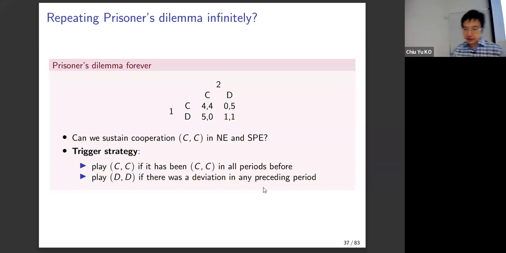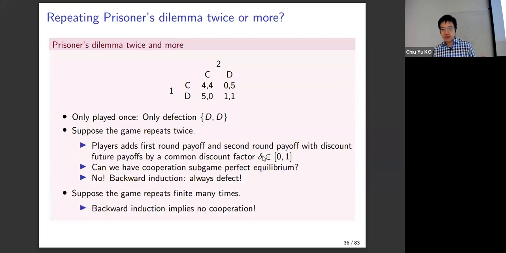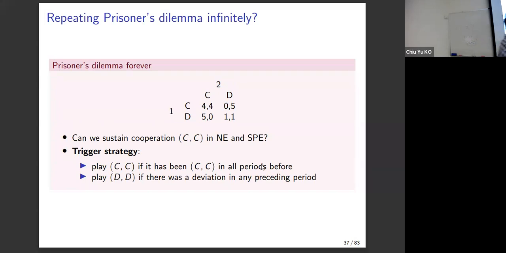The interpretation is, if we have a discount factor, we discount the future, okay? The discount factor can be interpreted as whether the world will end tomorrow. With probability 1 minus delta, the world ends, okay?